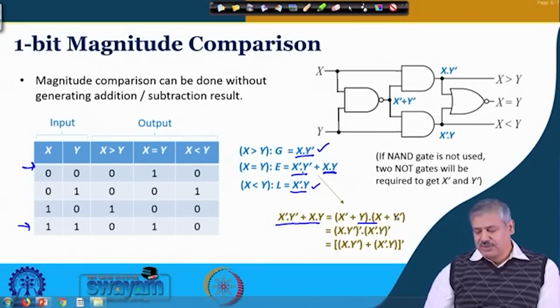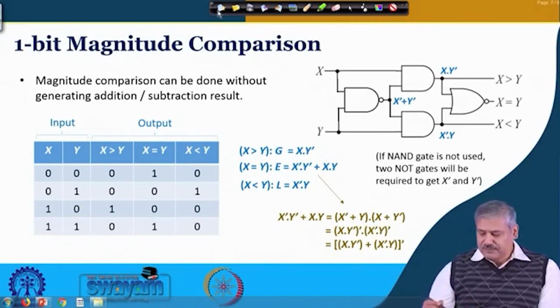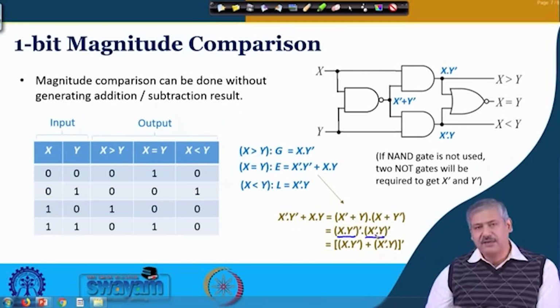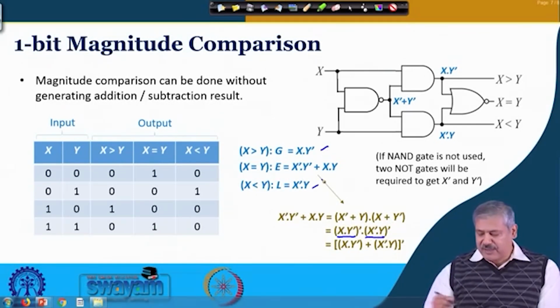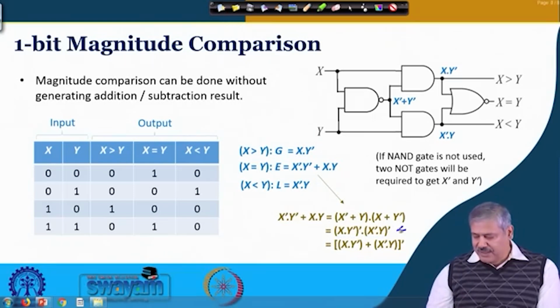Okay. So, once it is there, then this particular term x prime y prime from De Morgan's theorem we can write in this manner, and this one also in this manner. And finally, we have got our x y prime and x prime y. Okay. And then again we apply De Morgan's theorem on this particular term, so you can get a NOR relationship.